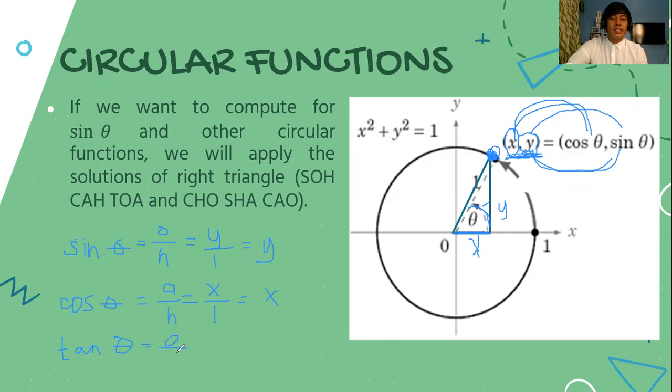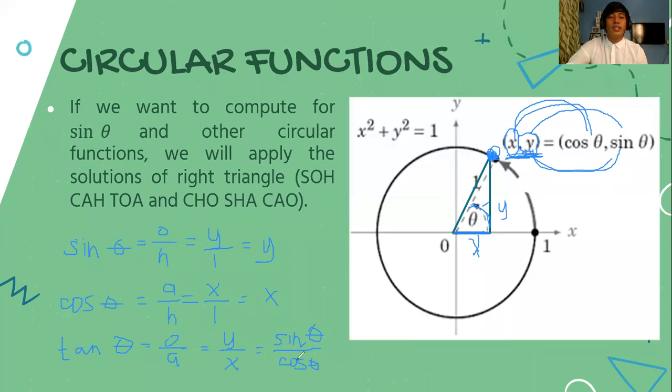And of course, to get tangent theta, that will be opposite over adjacent, and the opposite side is y over x. And we know that y is what? y is sine theta, right? And x is cosine theta.